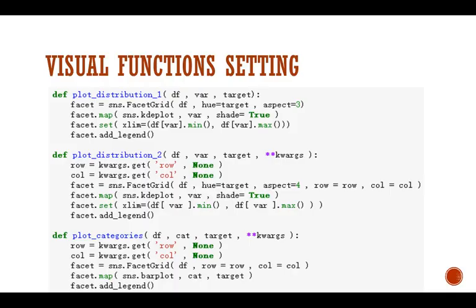In order to find features for our model, we created plot distribution 1 and plot distribution 2 and the plot category codes function to plot the different distribution shape of variables when the corresponding up and down is 0 and 1.